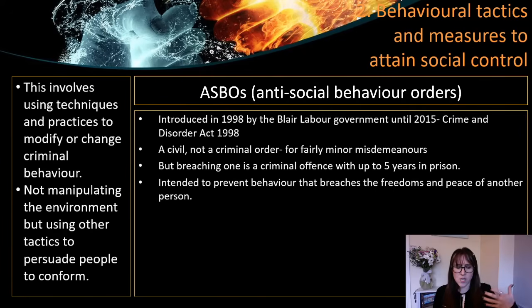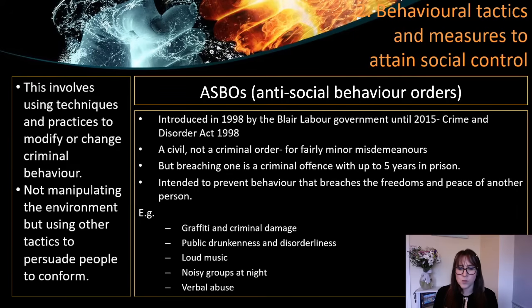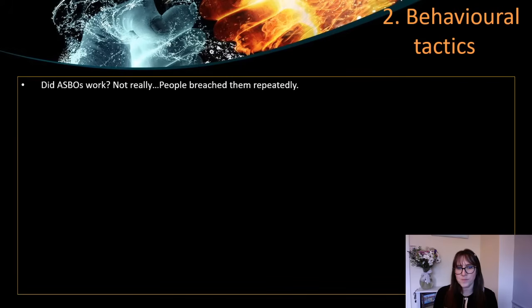So this is very much like, again, the deterrence, a coercion. It's like a discharge. It's the idea that if you've got something hanging over you, you're more likely to behave because of the fear of going to prison if you were to do it again. That was the aim of them. Graffiti and criminal damage, public drunkenness and disorderly, loud music, noisy groups at night, verbal abuse. These were all things you could get an ASBO for.